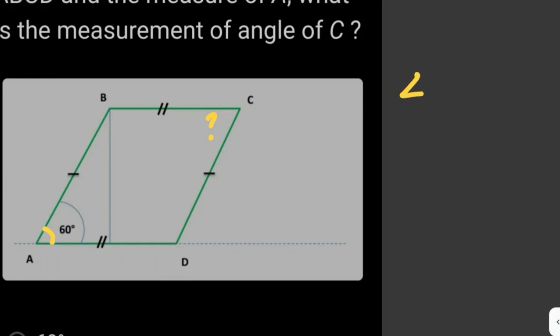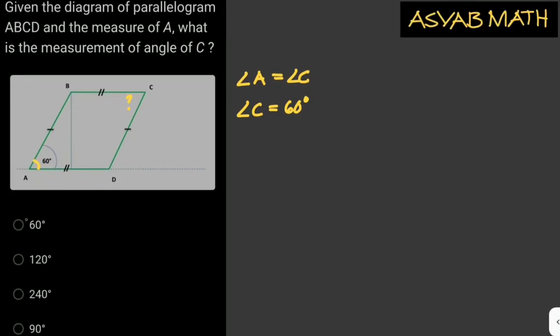Therefore, angle A here is just equal to angle C. Given that angle A is equal to 60 degrees, angle C is also equal to 60 degrees. So the answer is 60 degrees.